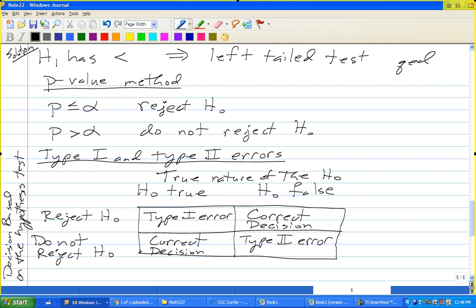And so let's restate this in the idea of looking at it as a trial. So we have this null hypothesis and it's going to trial. It's either actually innocent of the crime or it's guilty of the crime. It's either actually done the crime or it didn't do the crime. And it goes to trial.